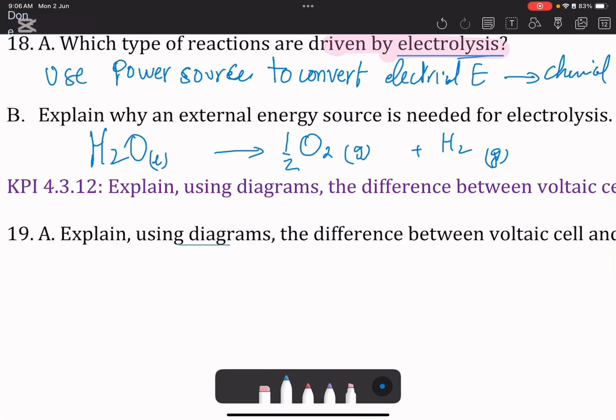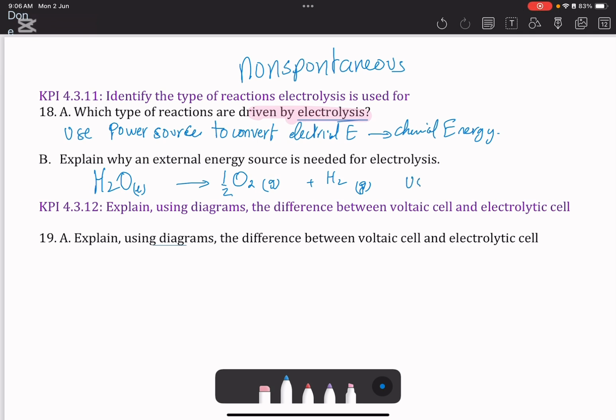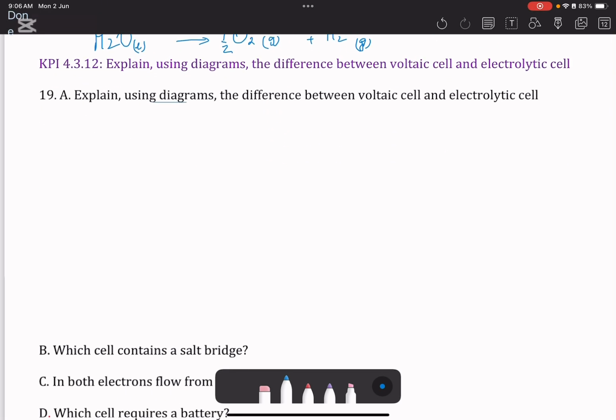So in order for water to decompose into those two gases, we need to interfere. This is a non-spontaneous reaction. And how do we do this? With the use of electricity. So with electrolysis, the decomposition of water becomes possible, which means it requires the use of a battery.